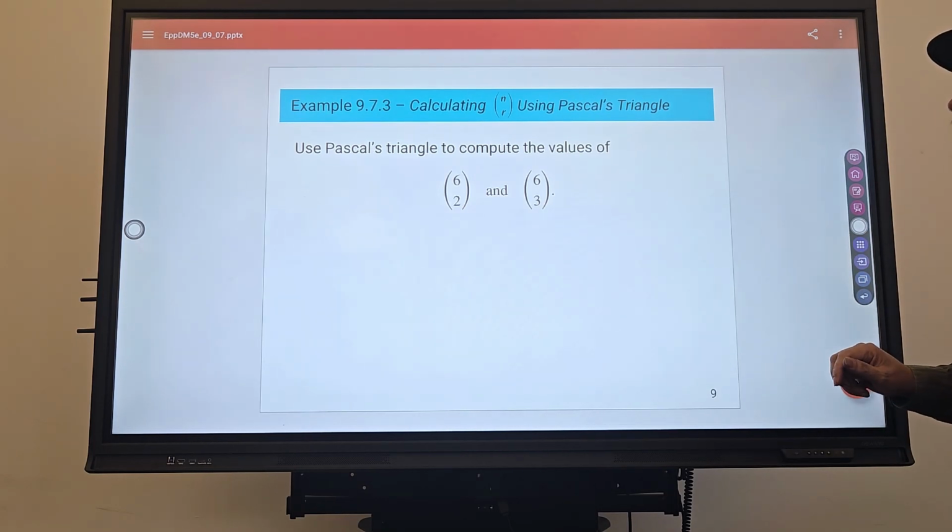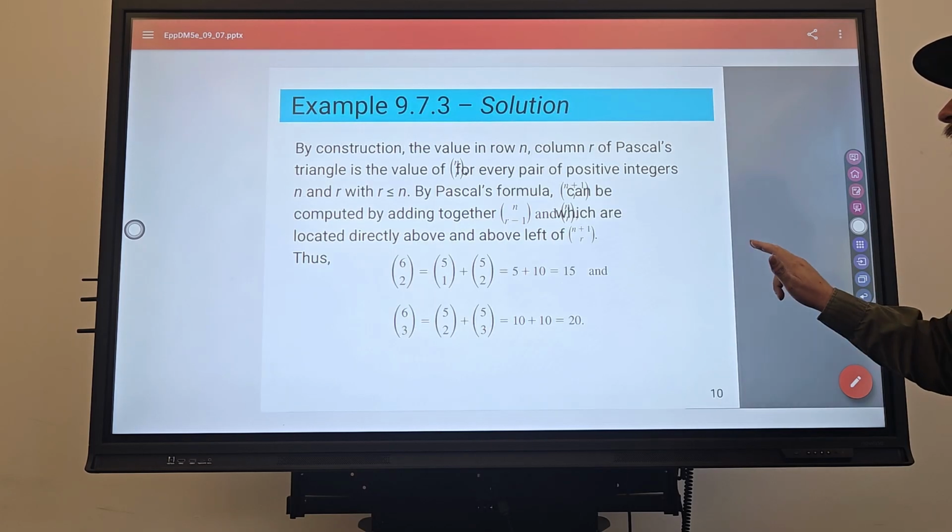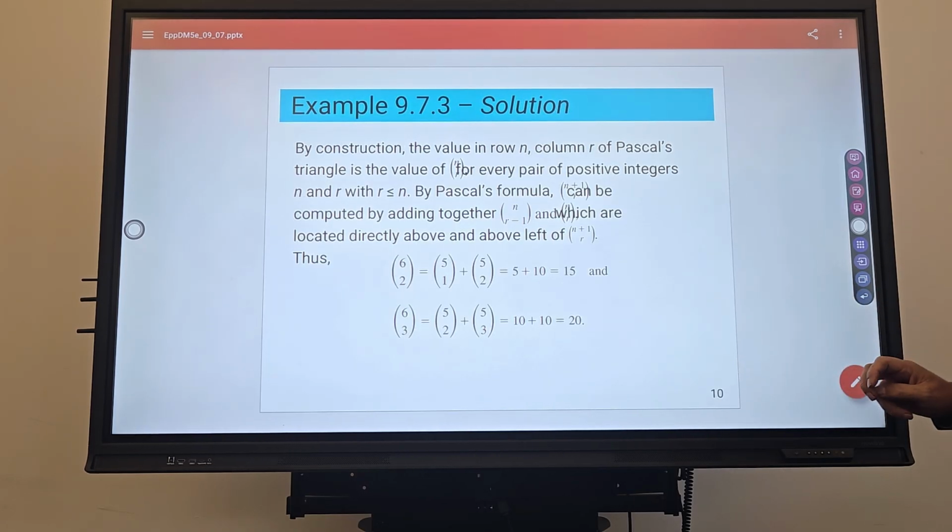What are the values of 6 choose 2 and 6 choose 3? Well, by construction, the value in row n and column r of Pascal's triangle is the value of n choose r for every pair of positive integers n and r, with r being less than or equal to n.